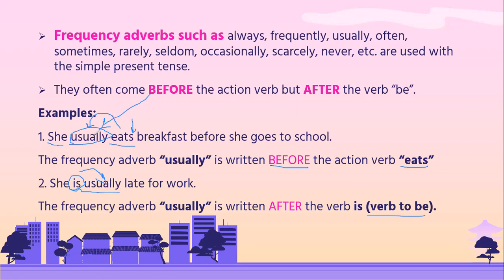So you have to study this rule. Usually comes before the verb, like usually eats, and after the verb to be, like she is usually late for work. Now let me remove the annotations and move to the next slide.